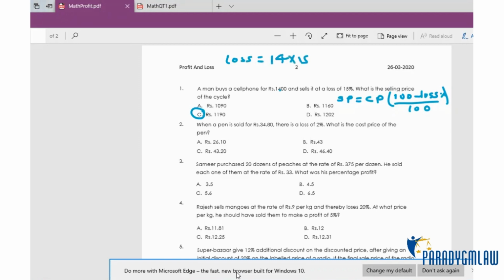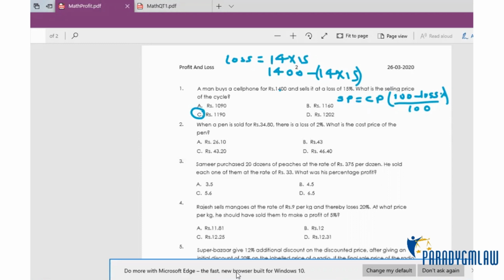Then subtract: 1400 minus 14 into 15. That will be your answer, which is 1190. So even if you don't know the formula, loss is similar to a percentage decrease. On that basis you can find it, even if you don't remember the formula. If you remember the formula, you can easily solve the question.